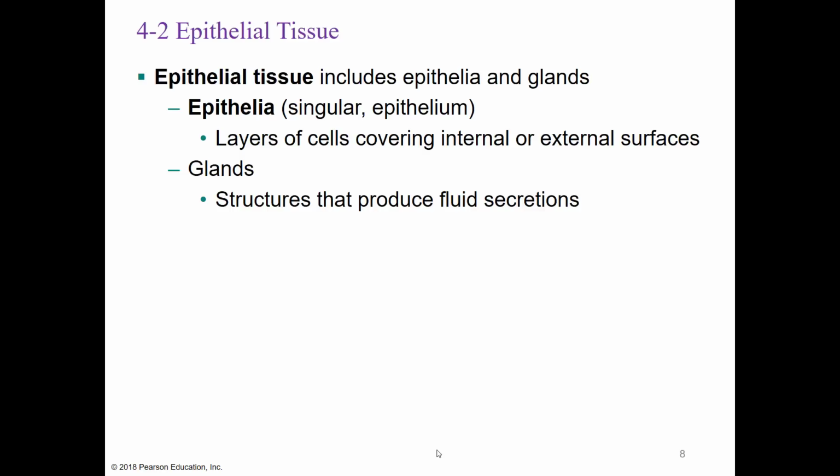If we're thinking of the epithelia that lines the intestines, then those glands might be mucus glands. Okay, so epithelia, again, layers of cells that cover internal or external surfaces. They are also going to help make glands, which are structures that produce fluids. Again, that's going to vary depending on what gland we're talking about.